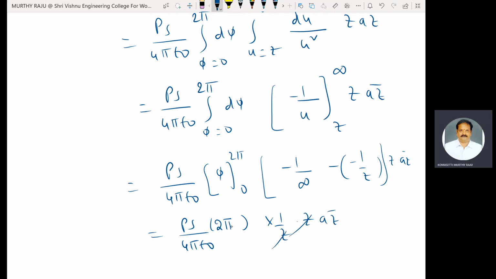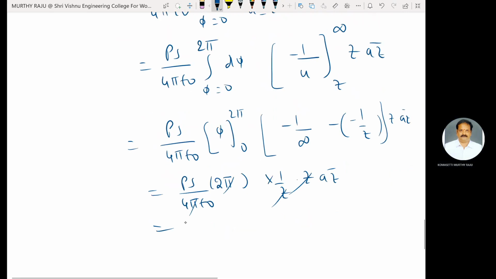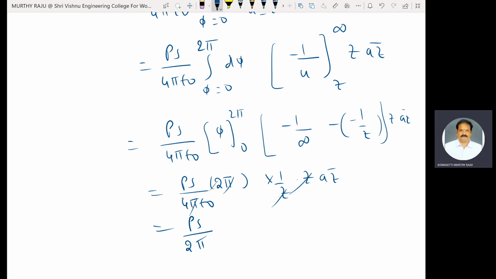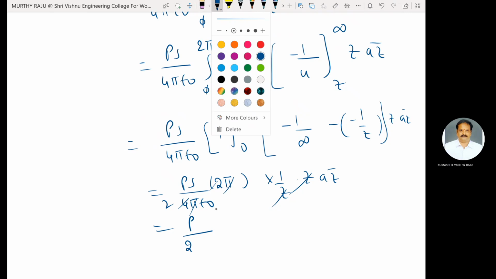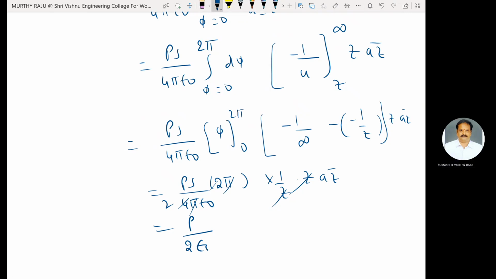Z is cancelled, pi is cancelled. That is equal to rho_s by 2 epsilon 0 volts per meter.